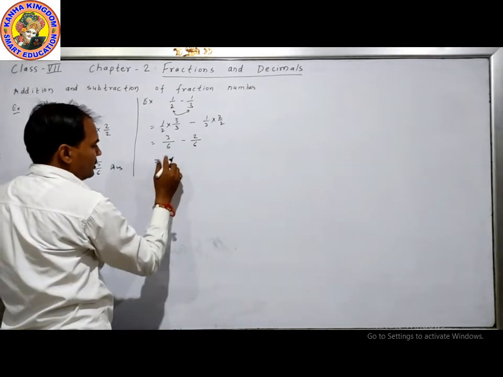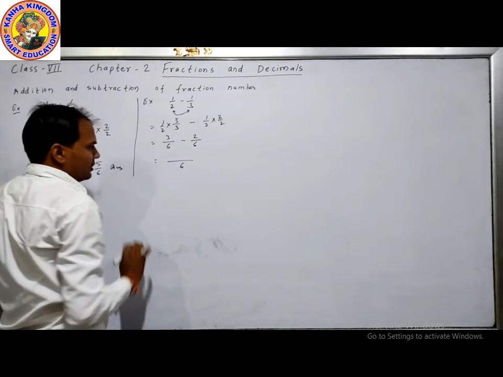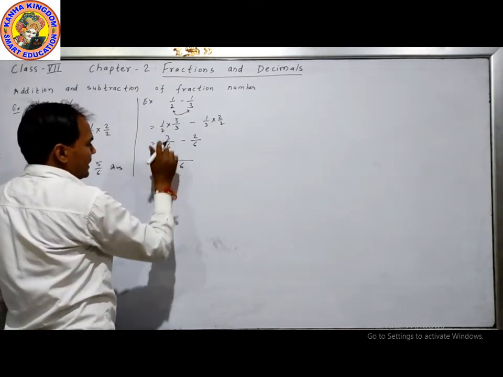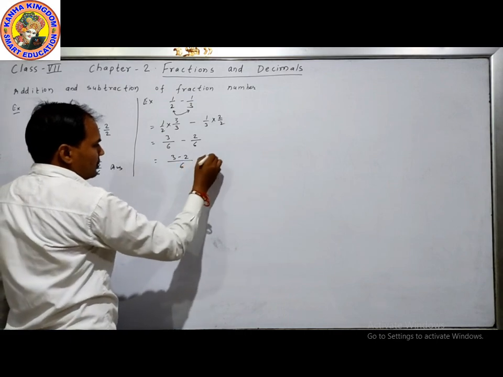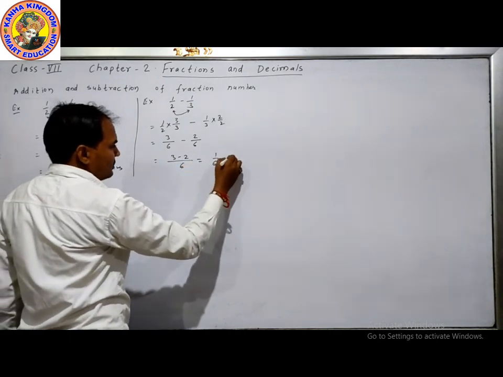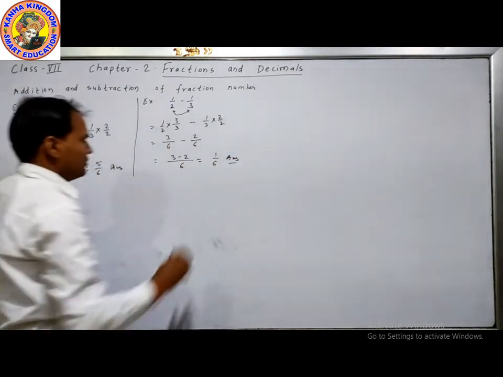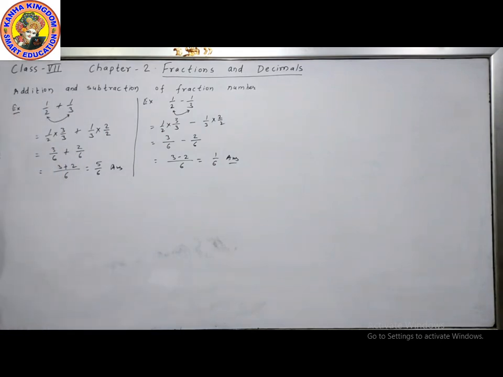The denominator will be equal, it is 6, remaining 3 minus 2, 1 by 6, which is our answer. So this is the example of addition and subtraction of fraction numbers.